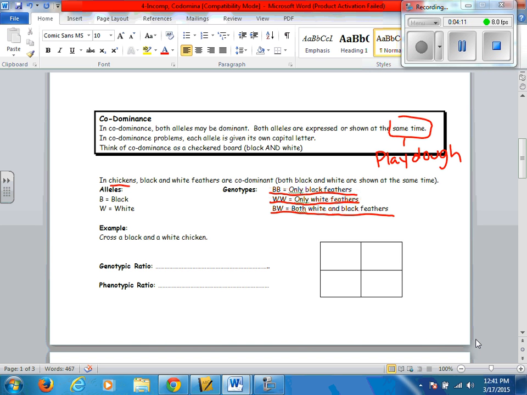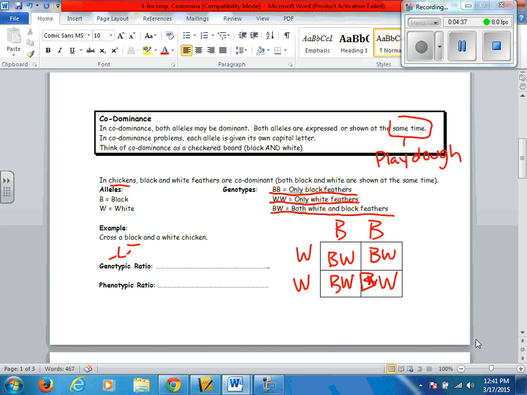So our practice problem here is a cross of a black chicken, BB, and a white chicken. I'm going to erase that, that's not a B there, that should be a W. And of course we get all BWs.